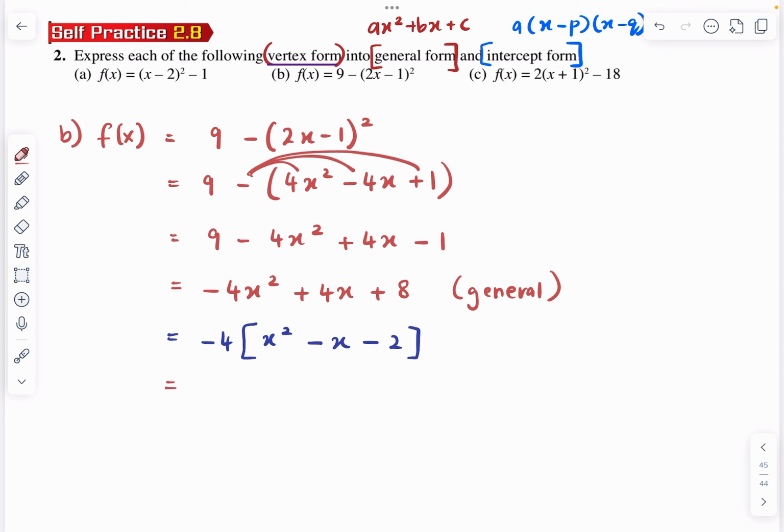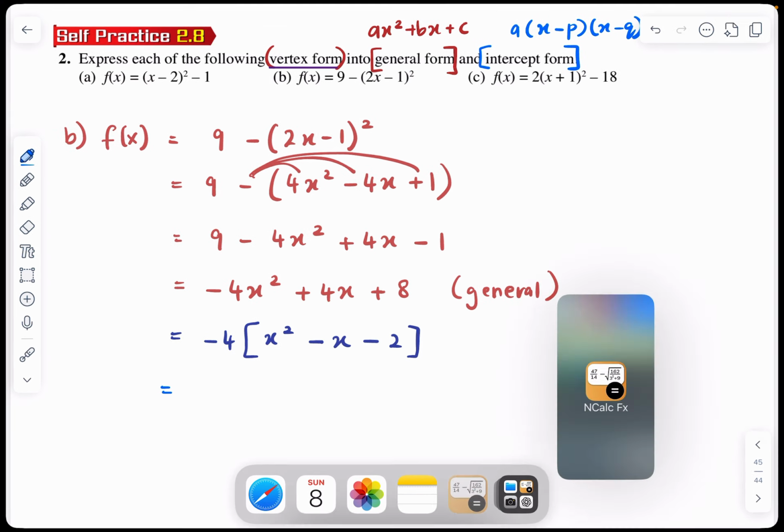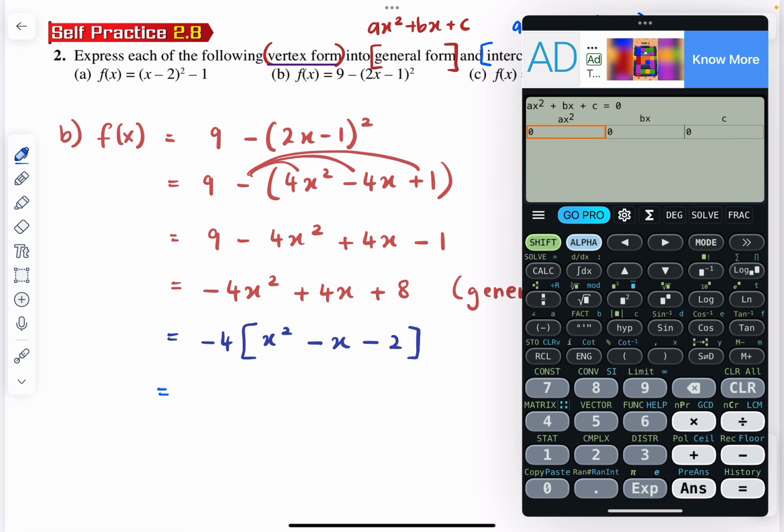So intercept form is factorizing this part. So A is 1, B is negative 1, C is negative 2. So our roots are −1 and 2, so (x + 1) and (x − 2).